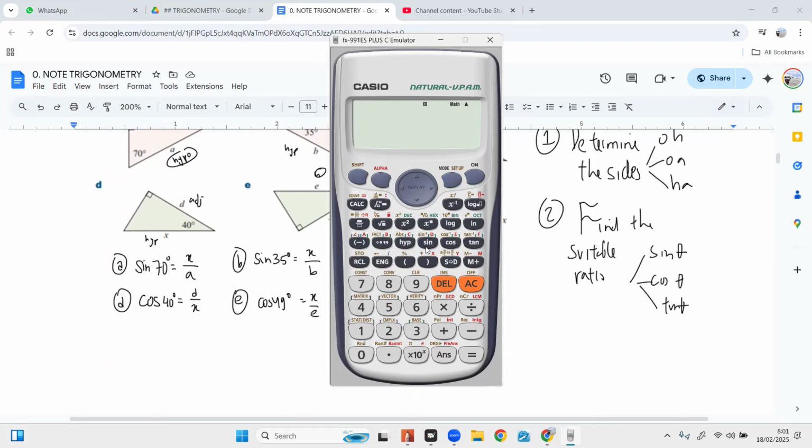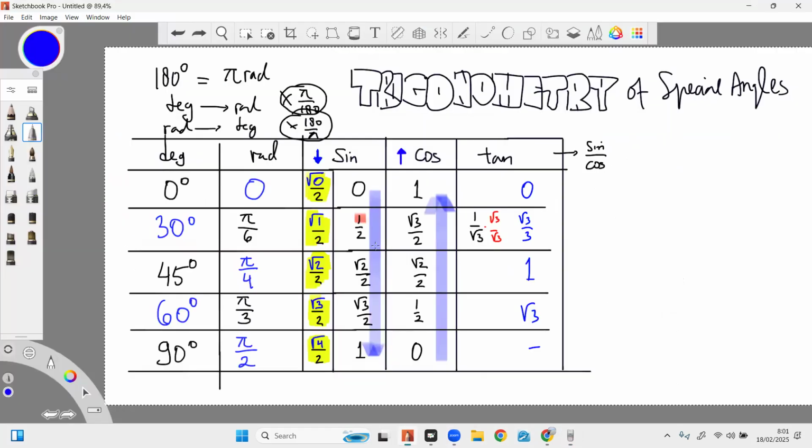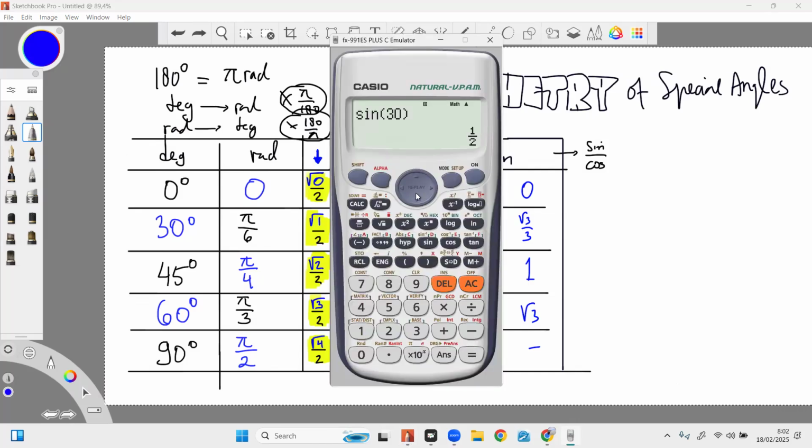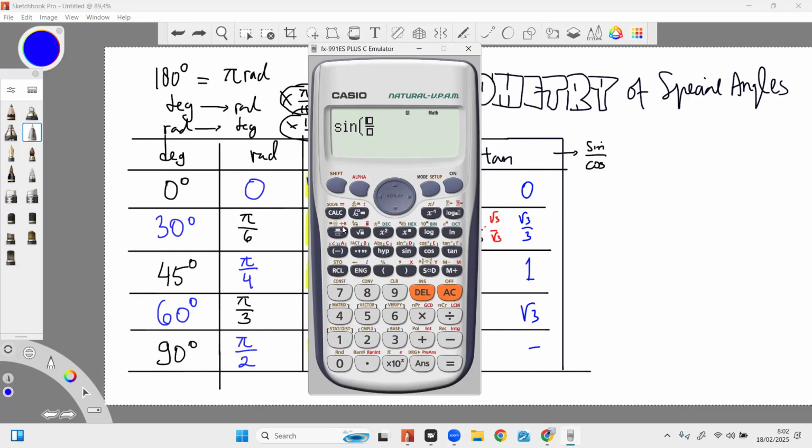For example, what is sine 30? Do you remember from just now? In degree, sine 30 is half, right? But in radian mode, if I change this mode, the calculator will read the angle as radian. So if I want to do sine 30, I have to change the angle to pi over 6, right?